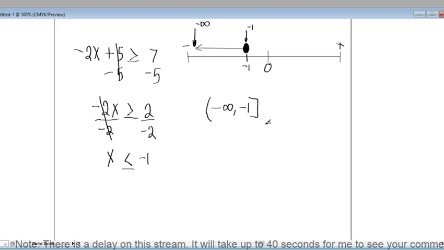Any questions? This is a perfect time for questions. I know a lot of my students in the past have gotten kind of confused with this whole dividing by a negative thing. So I'm going to allow some time for questions.